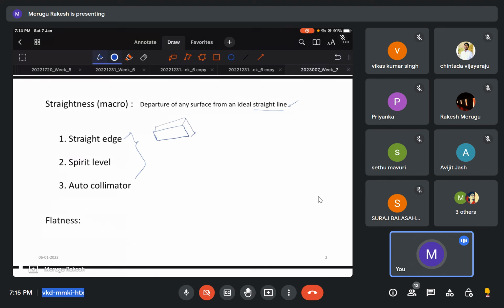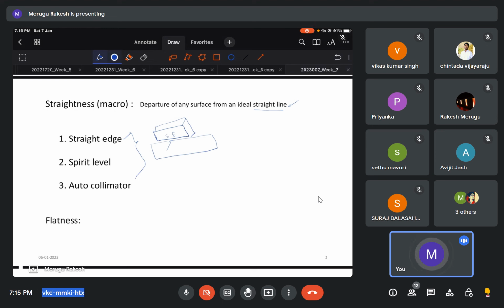We keep this straight edge on any surface whose straightness error we want to measure, and we focus on the interface. If the interface is completely filled, we know the surface is completely straight. If we can see any light passing through, then there is some straightness error.